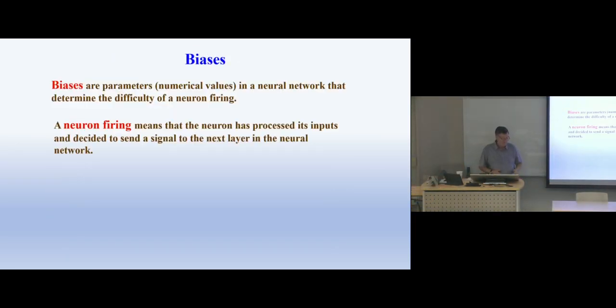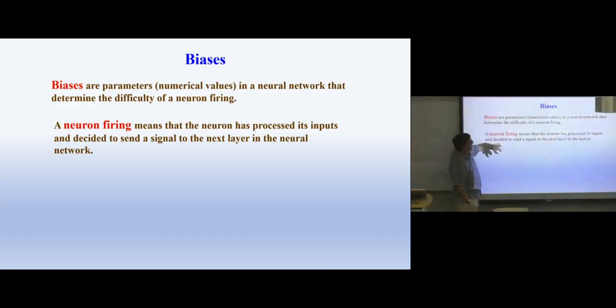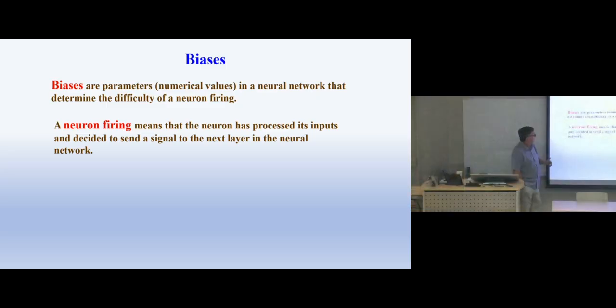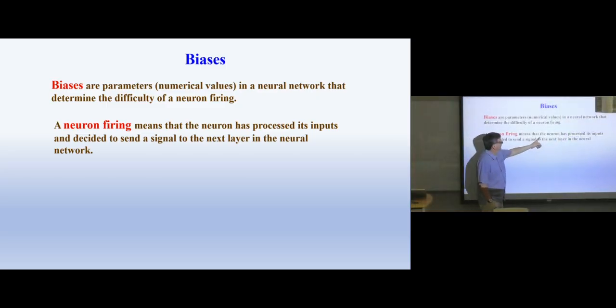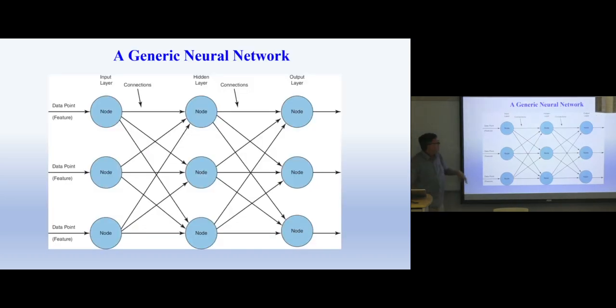So what's a bias? It's a parameter determined by the neural network, not by you. It's not a hyperparameter. It's a numerical value that determines the difficulty of a neuron firing. What does that mean? The neuron, which is software, has processed its inputs. What have I got here on this one?